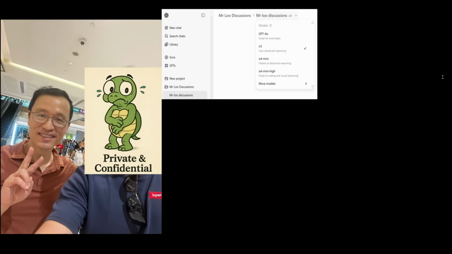Now, if you've ever wondered when you should use the O3 or O series models versus maybe the standard GPT-4o model, the general rule of thumb is that if you're working on problem solving like math questions, logic, coding, things that require a specific kind of mathematical outcome, then the O series models like O3 would be the best.